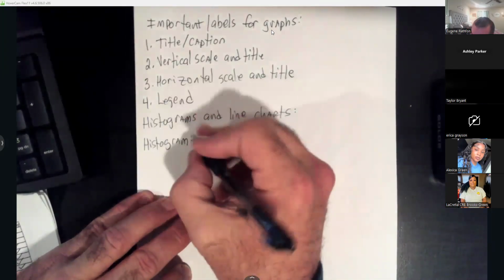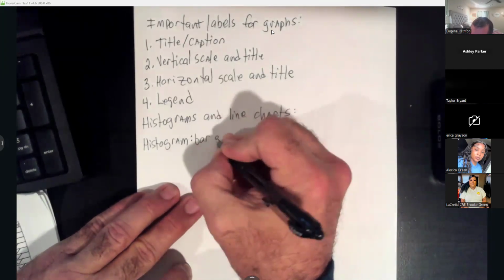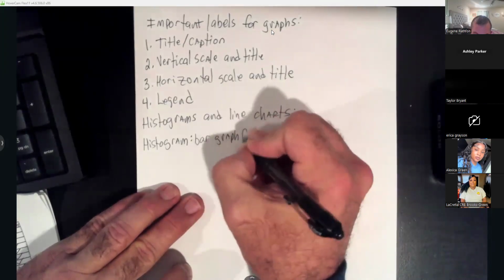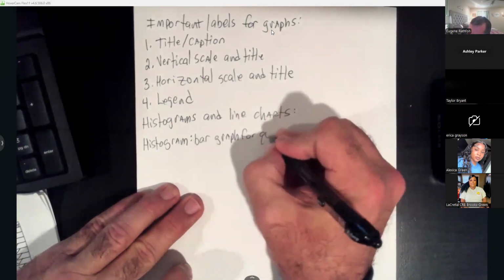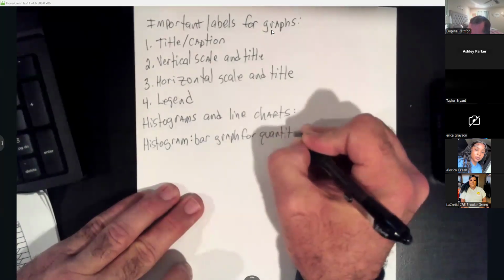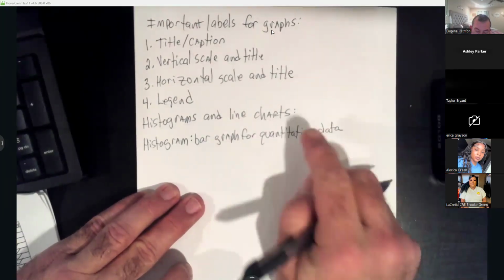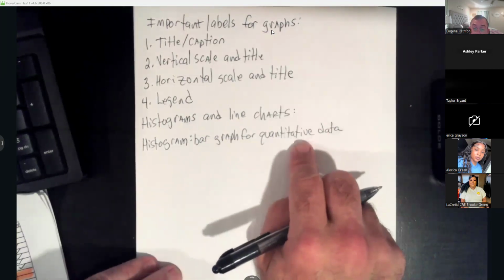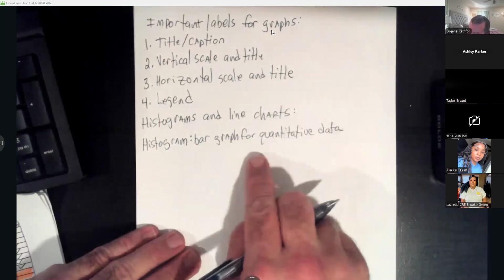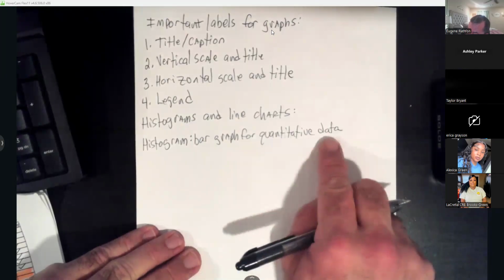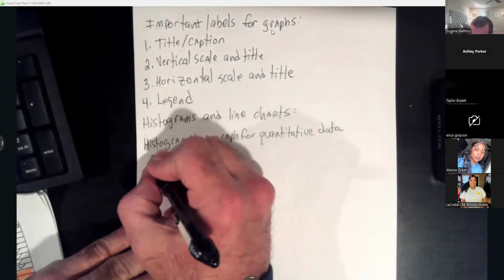It's a bar graph for quantitative data. So remember, quantitative deals with measurements and stuff. So a histogram is a bar graph for quantitative data categories.